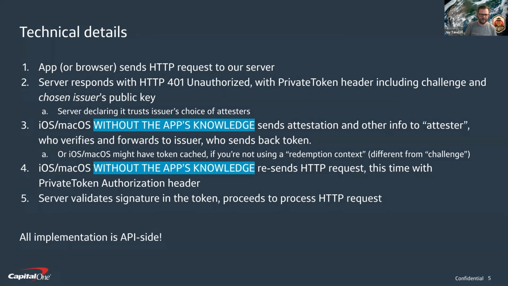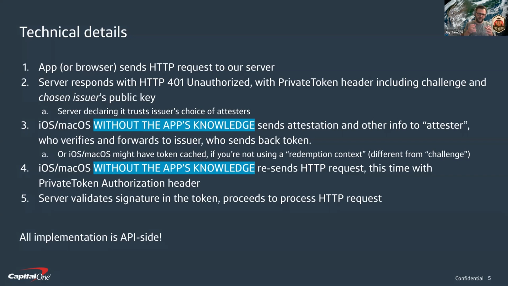And then in number 3 here, iOS or macOS, without telling your app or the browser, goes through the attestation and getting the token from the iCloud attester and from the issuer, without the app or the browser being involved in the process at all.